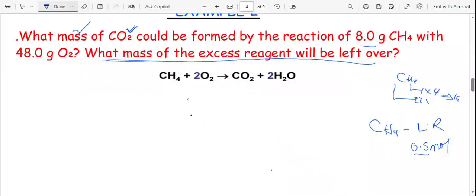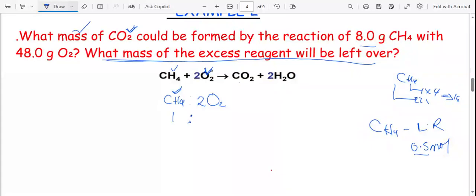So what we are going to do is bring the ratio of 1 CH4 to 2 oxygen. The goal again is to find the mass. Since this one is the limiting one, it knows the exact amount, so I'm ratioing with the same limiting agent. This one is in excess.